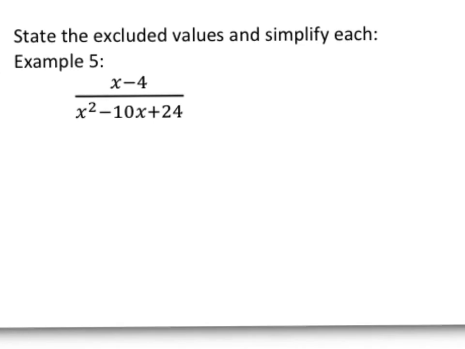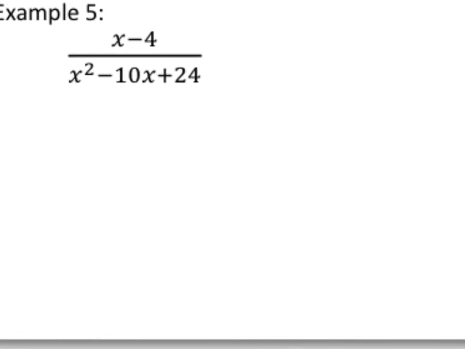So again, factor first. So we've done all that practicing. So I will have an x and an x. I need two numbers that have a product of 24 and a sum of negative 10. And that would give us 6 and 4, both negatives to give you a negative 10, and both negatives multiplied to give you a positive 24.